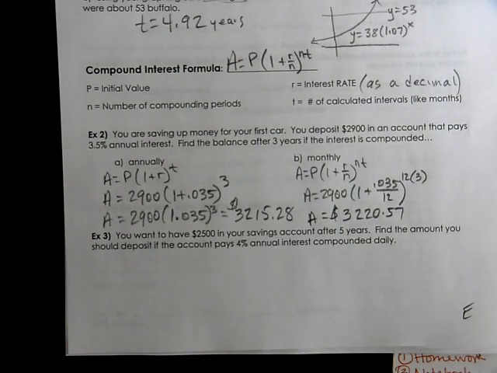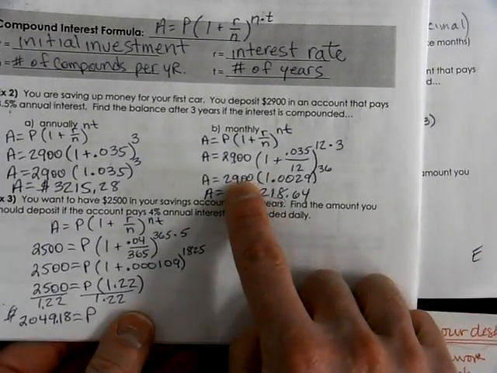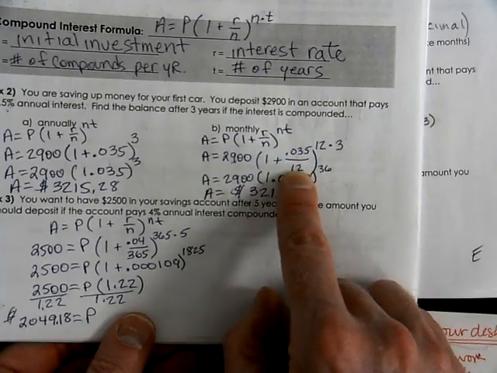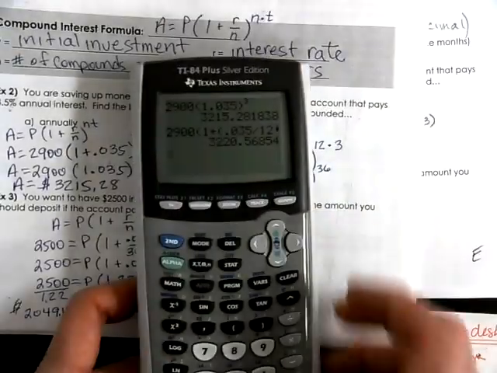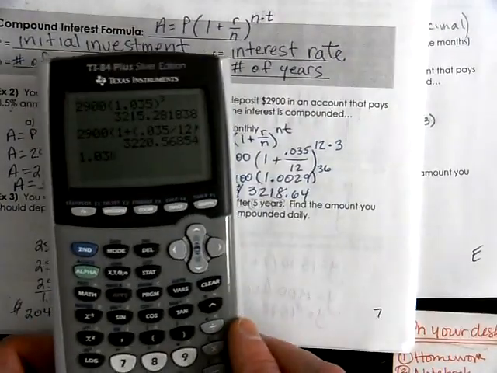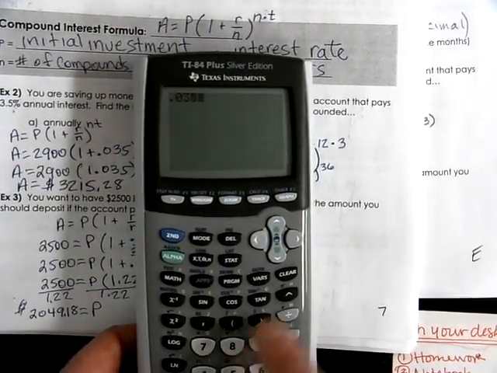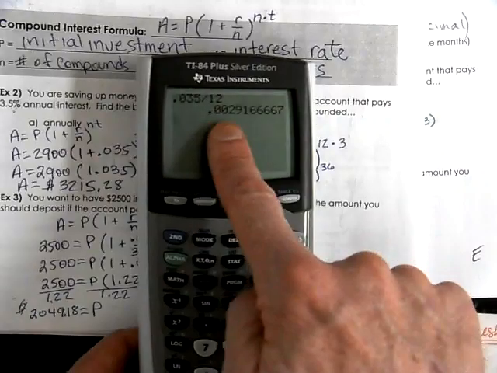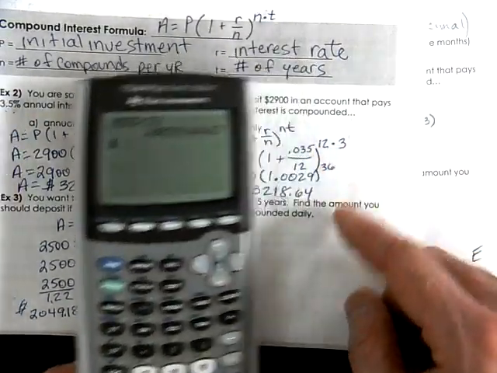Now, if you use a rounded value, I've done this calculation before, and I used a rounded value. If you calculate this out, 0.035 divided by 12, you get 0.0029, 16667.